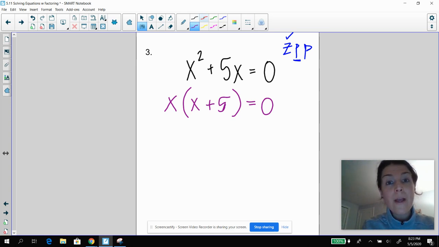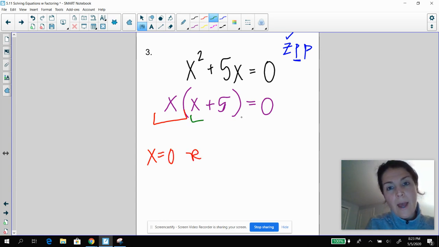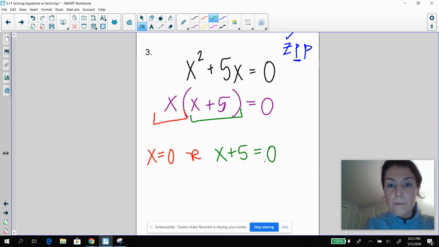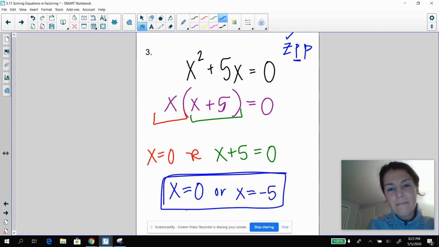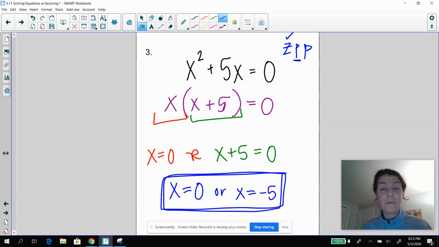So then I know either this one is equal to 0 or this guy is equal to 0. And if we solve both of these equations out, we wind up with x equaling 0, because we don't really have to solve the one on the left, or x equaling negative 5. And we're done. And you should feel super comfortable with that.